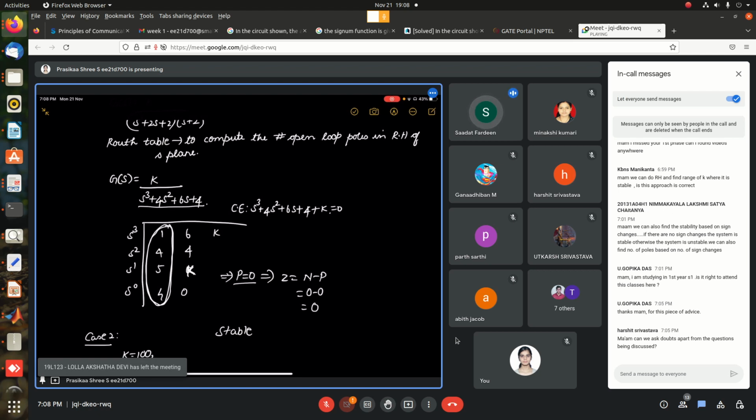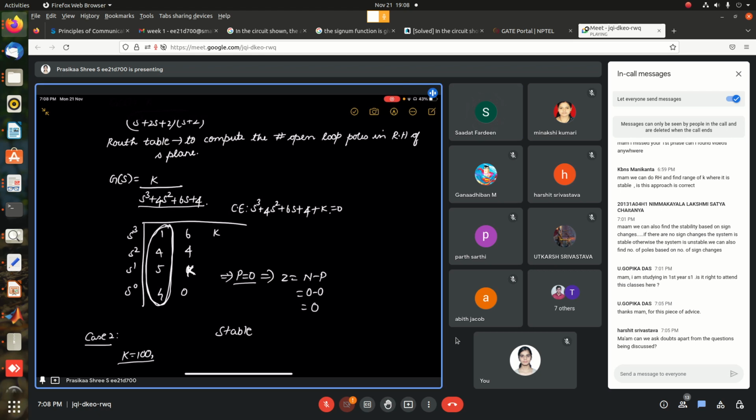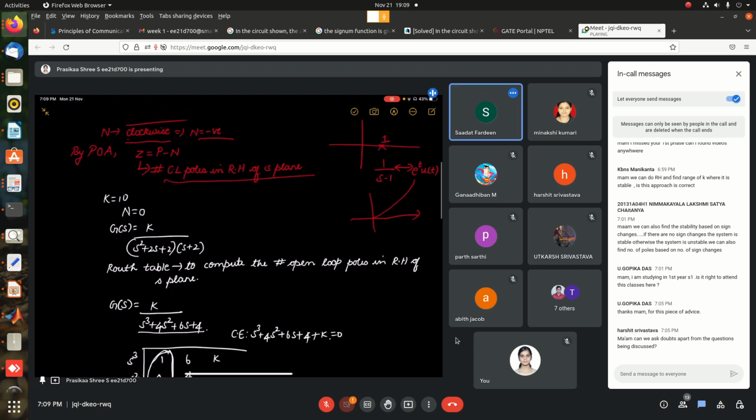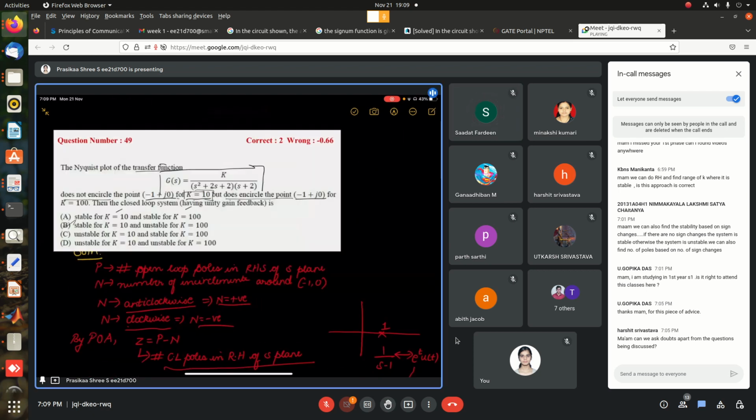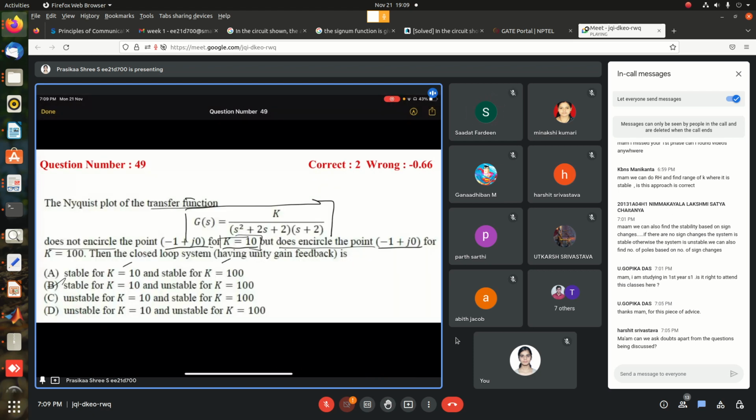So here you have written it for open loop or closed loop. It looks like this is an open loop transfer function. For that, is there the K? They have not given that it is a unity feedback system, right? Only when it is a unity feedback system will you add the numerator and denominator and form, and say that this is the characteristic equation of the closed loop transfer function.